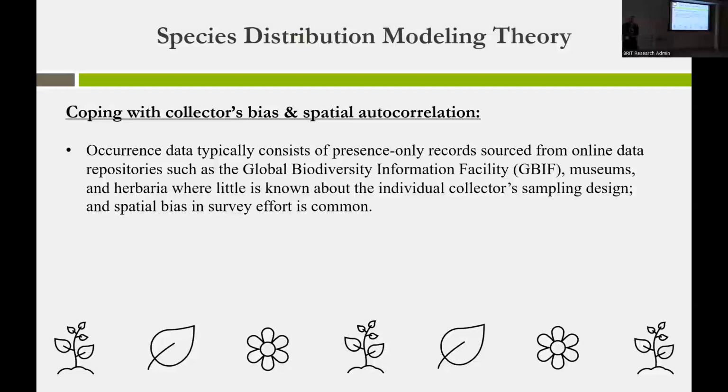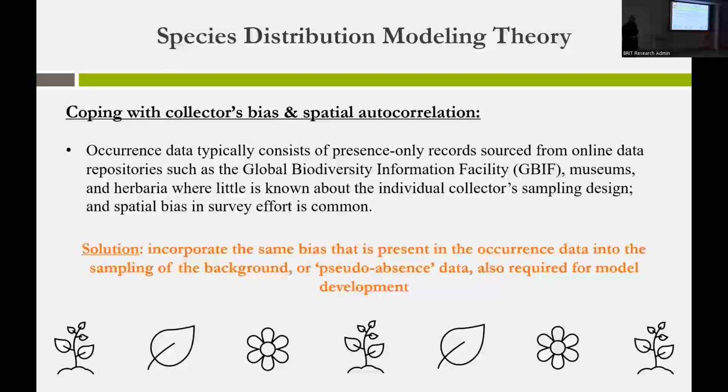Close to roads, city centers, museums. This may not reflect the full extent of a species' actual native range, and thus biases our predictions that we're generating based on that occurrence data if we were to use that alone, right? So what we actually do then to counteract this is incorporate the same bias into the sampling of our pseudo-absence data as is observed in our presence data, during model development.